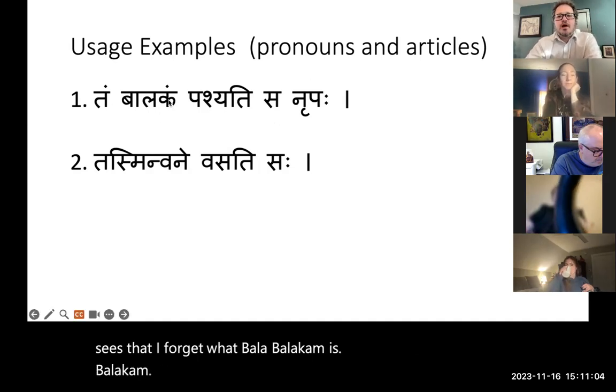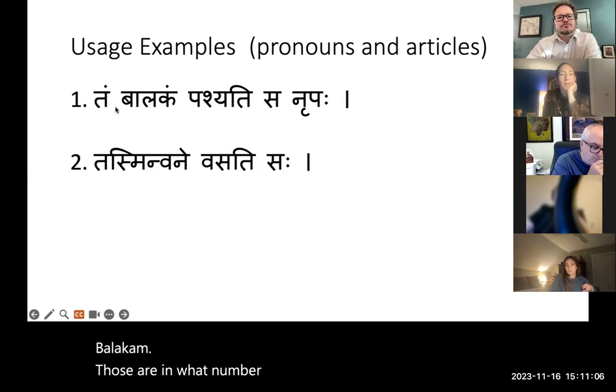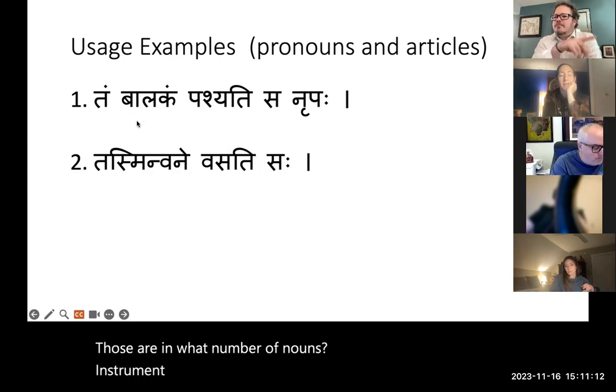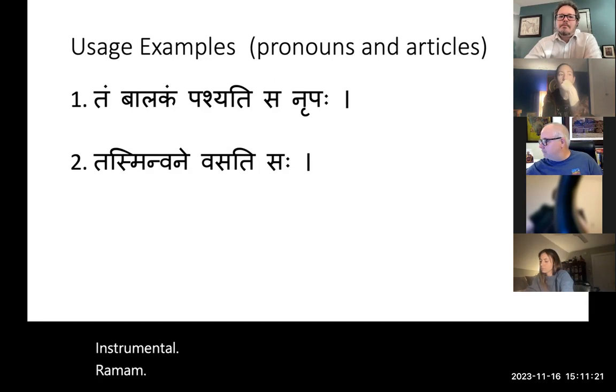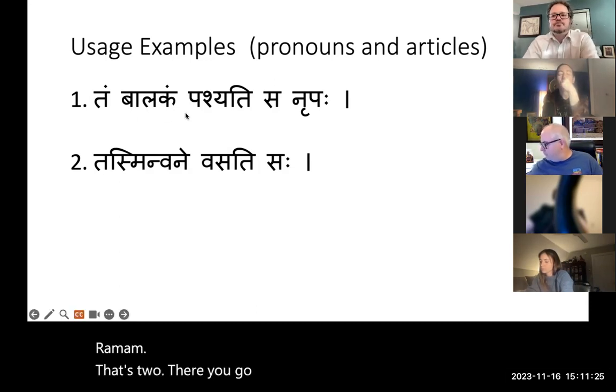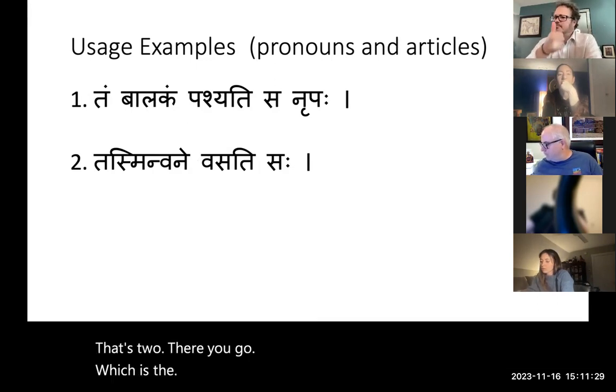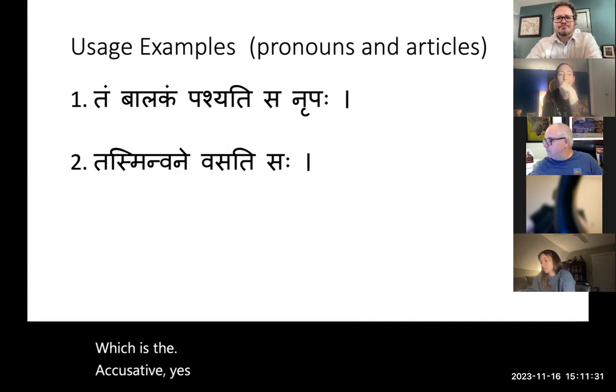Those are in what number of nouns? Rama, Ramam, Ramaha, Ramam, Ramo, Ramam. Oh, that's 2, which is the accusative. Often the direct object of the sentence.